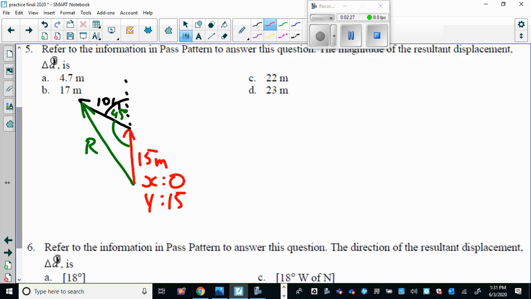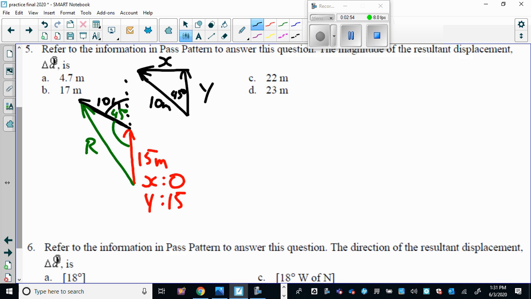Then we're going to take the other one, this one here. That's your 45 degrees, and that's 10. It has a westerly component and a northerly component, x and y, and we're just going to use trigonometry to calculate what those x and y values are.